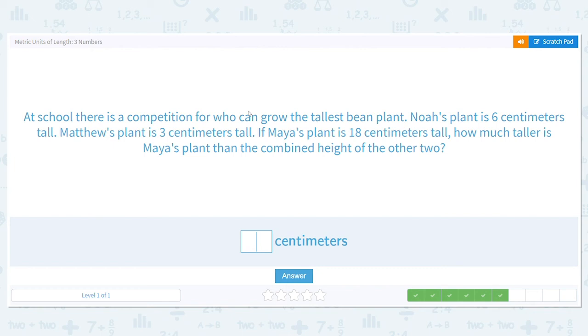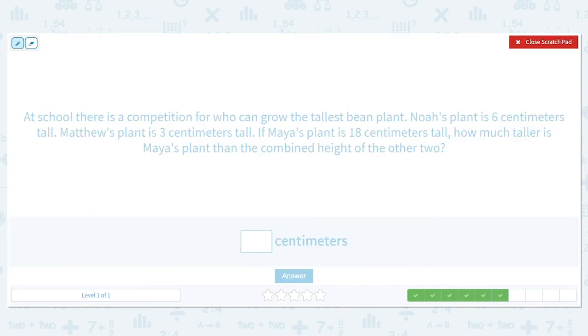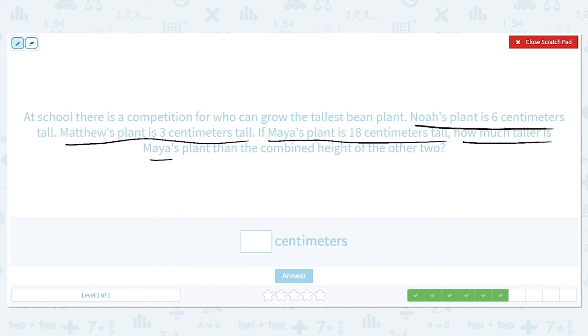Next, at school, there's a competition for who can grow the tallest bean plant. Noah's plant is 6 centimeters tall. Matthew's plant is 3 centimeters tall. If Maya's plant is 18 centimeters tall, how much taller is Maya's plant than the combined height of the other two? This is similar to what we just did.